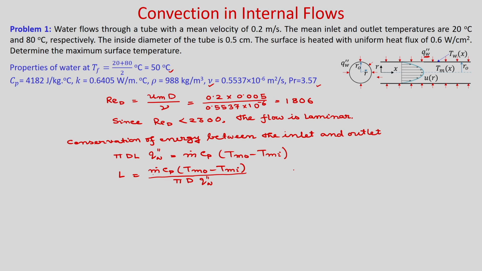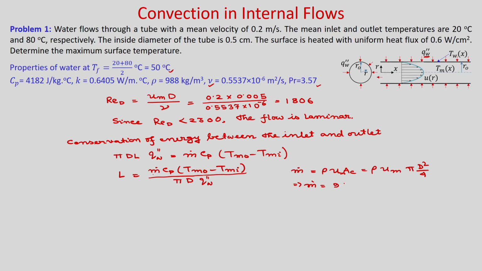The mass flow rate m dot you can calculate as rho into u bar into cross sectional area. Okay. So, what is that? Rho u bar, or u mean you can write, into pi D square by 4. Okay. So, m dot you will get. What is rho?